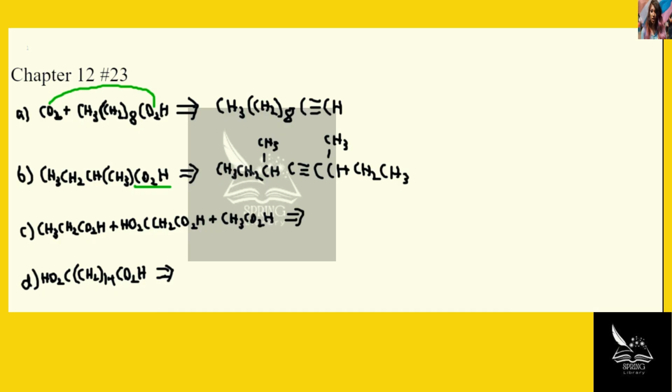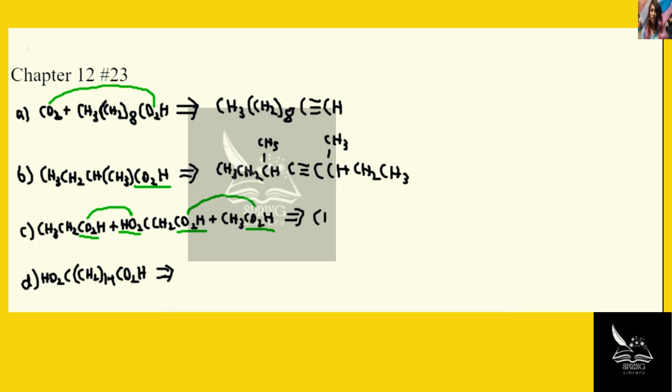So then looking at C, we actually have 3 molecules here, 3 distinct pieces. 2 of these pieces have 1 carboxylic acid in them, and the middle piece has 2 carboxylic acids in it. So this is just a diyne, right? We can join each of these up, carboxylic acid to carboxylic acid, and just remember that that's going to be where our alkynes are.